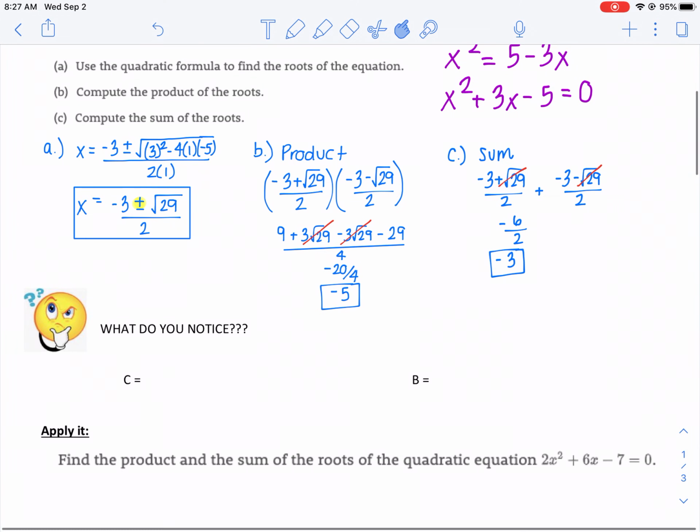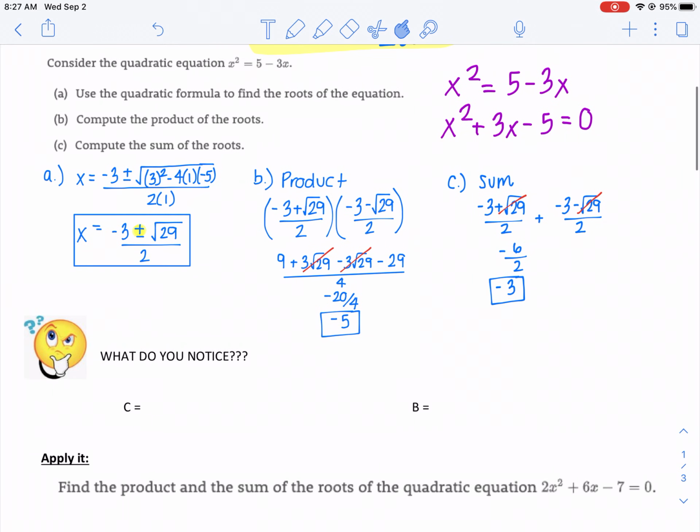The reason we do that is now we have our little, what do you notice? Well, we took this original equation right here, found its roots, found the product of the roots and the sum of the roots. Hopefully you notice that -5 is actually in the original equation. The -3 is in the normal equation, but the sign switches.